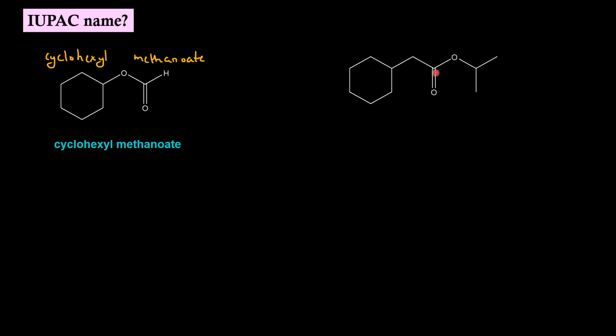With this molecule, acid part, alcohol part. First let us name the acid part. This carbon is numbered 1. So we have a substituent at position 2. Name of the acid part will be 2-cyclohexyl ethanoate.